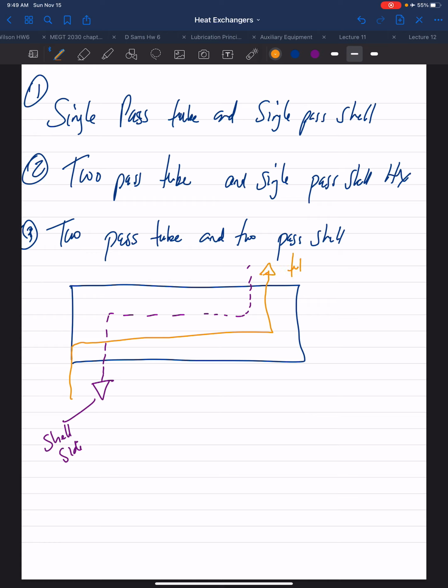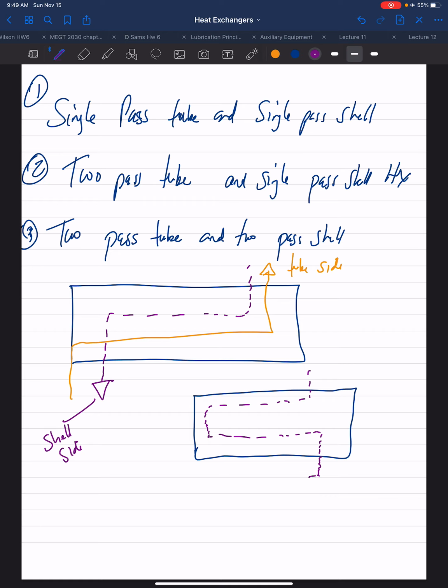This is tube side. One pass along the length. Or a two-pass tube and a two-pass shell. This is the shell side.